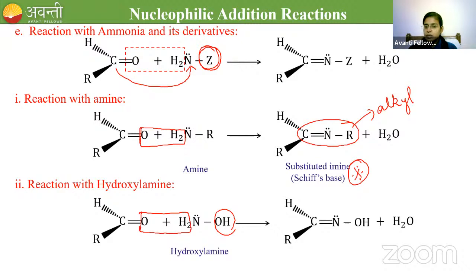If you have C double bond N OH component in your compound, then it is called oxime. If it is alkyl group, it is substituted imine. If you have OH, it is called oxime. Do you have any doubt from the slide? Shall I go for the third compound?